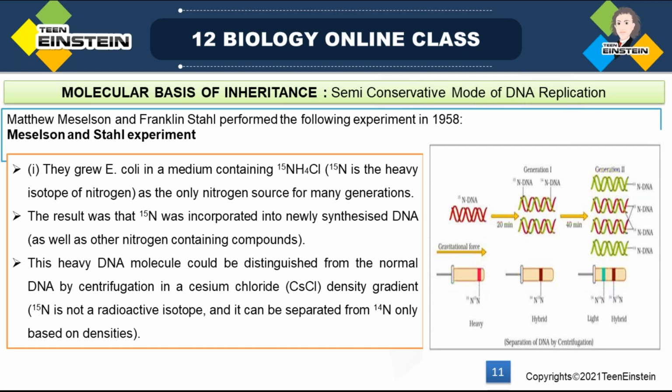First, in the Meselson and Stahl experiment, they grew E. coli in a medium containing ammonium chloride, in which the nitrogen is the heavy isotope of nitrogen.